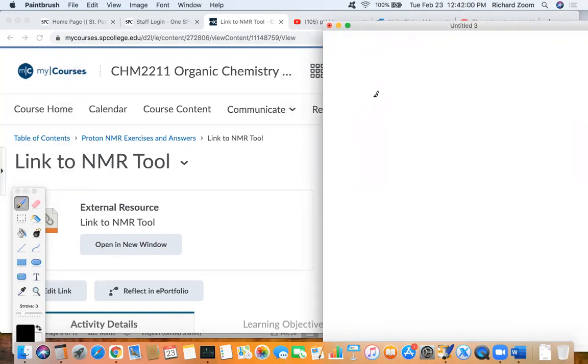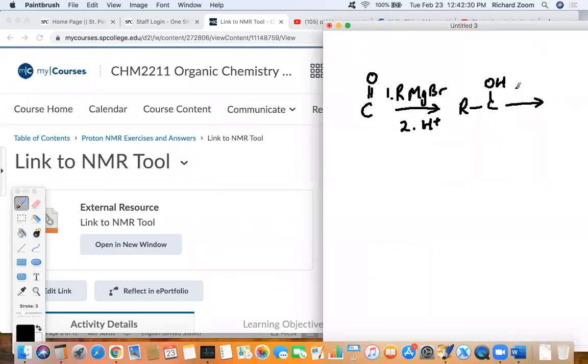I can do something that starts with a ketone, say C double bond O. I can treat it with a Grignard reagent, which would give some kind of alcohol. And then that could be oxidized. And remember that O in the square brackets just means oxidized.